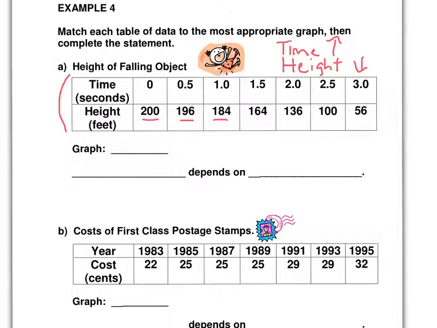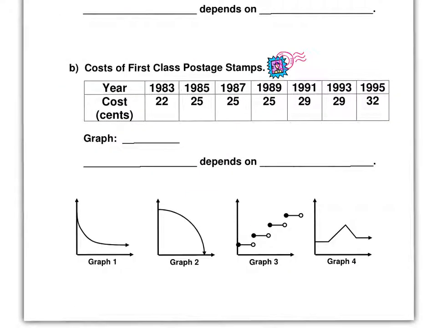So time and then height. So what depends on what? We need to know, does time depend on height, or does the height depend on the time? Well, let's see if we can look at some graphs. All right, these are the graphs that we want to match it to. So that first situation, is it going to match with graph 1, graph 2, graph 3, or graph 4?